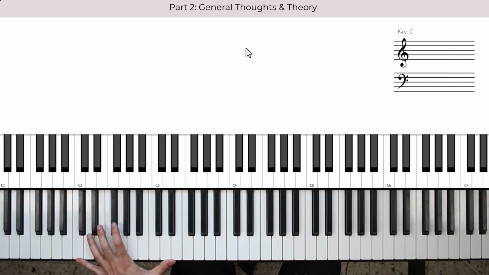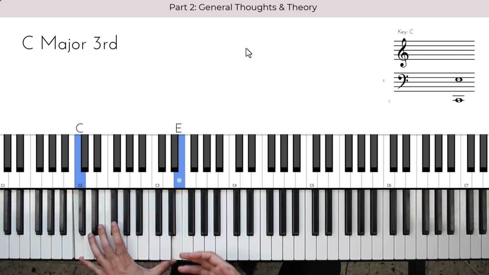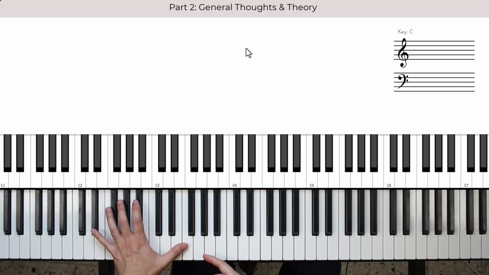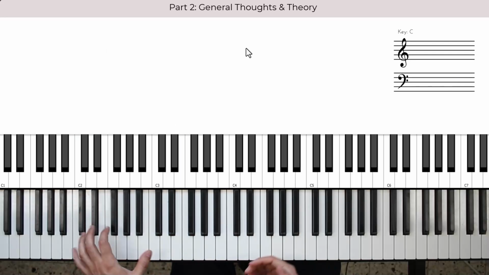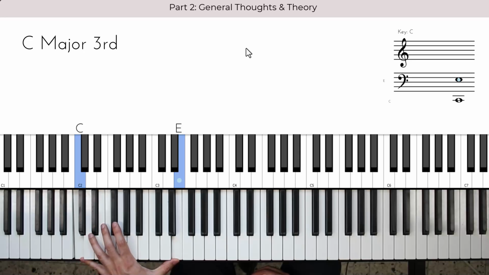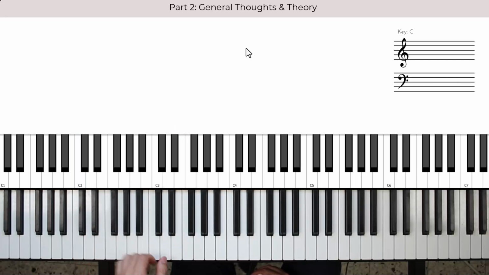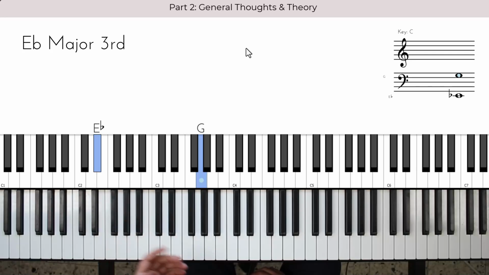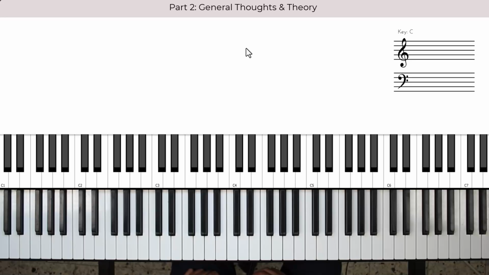If your hands are too small, you can only do minor tenths, and you cannot do major tenths, which, by the way, I cannot. You can always roll this. So just play the bass like this instead of hitting them both simultaneously. Or if you have, let's say, an E flat to a G, you can play something quickly like this.